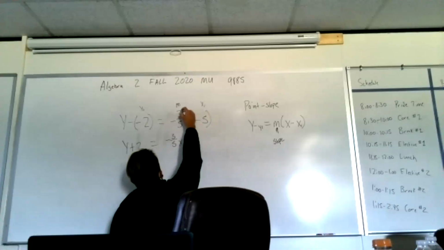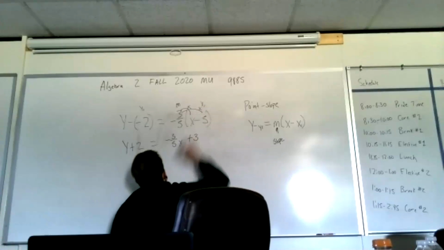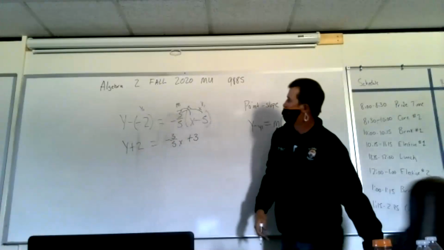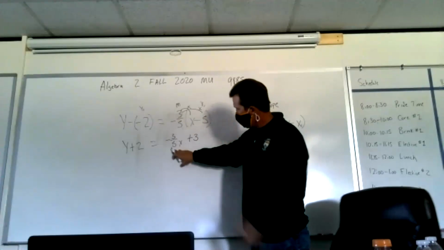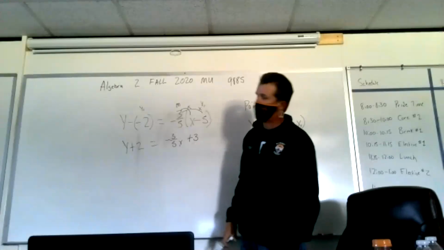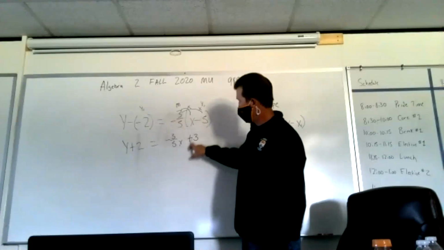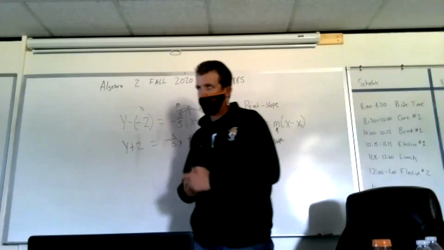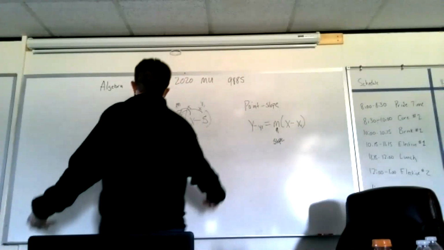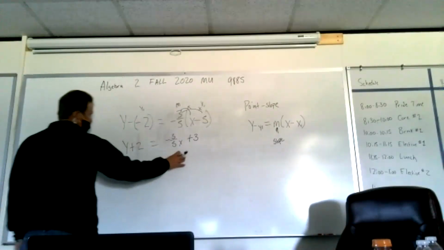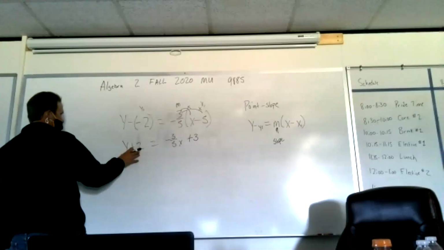Okay, once again, we multiplied here, and we multiplied here. Trying to stay out of your way so you can see it. Multiplied to get a -3/5, multiplied these to get a +3. Negative times a negative gives me a positive. Once I'm at this stage, to get it into an equation that I can actually use, I have to isolate the y value.